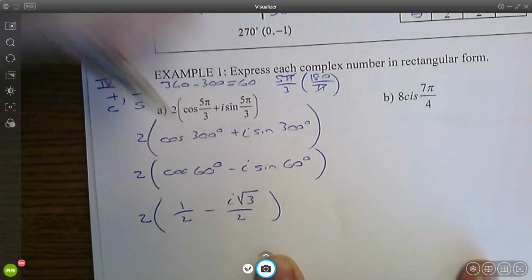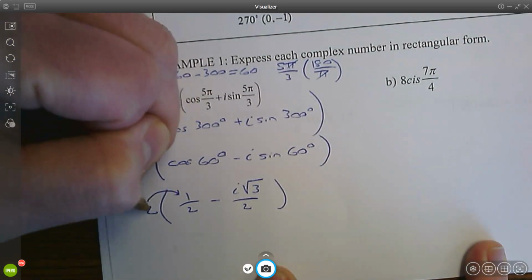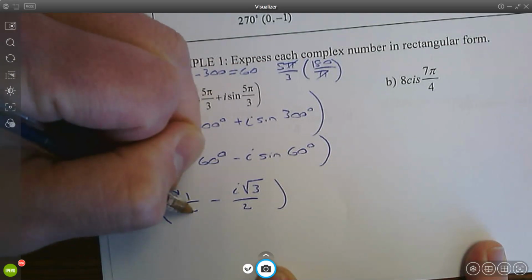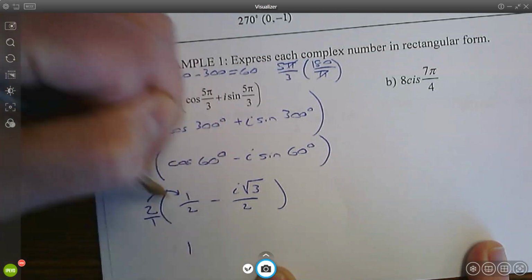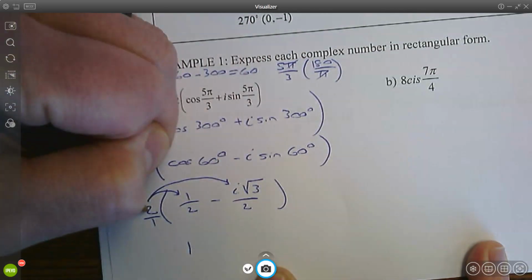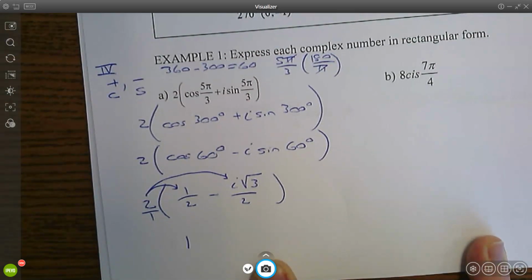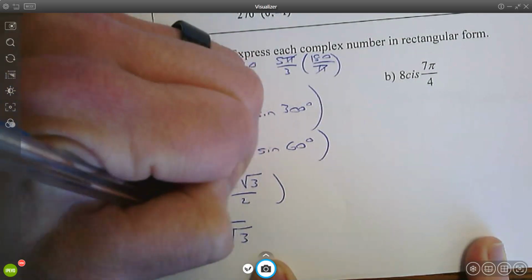That I is just going to be in the numerator, and then you're just going to distribute the 2. 2 times 1/2, multiplying by 2, dividing by 2. If you think about that as 2 divided by 1, the 2s simplify to 1. Same idea here. 2 times this fraction, the 2 in the numerator and the 2 in the denominator simplify. So this would be minus I times the square root of 3.